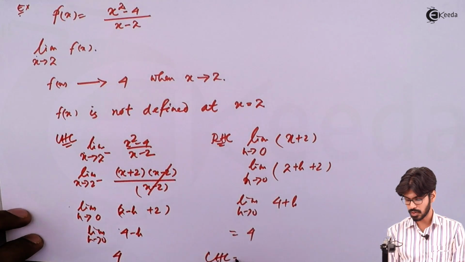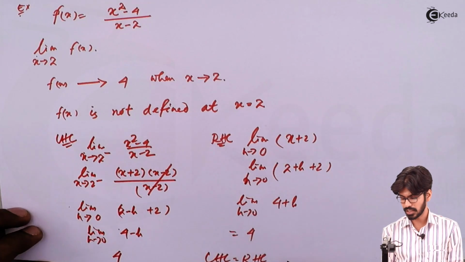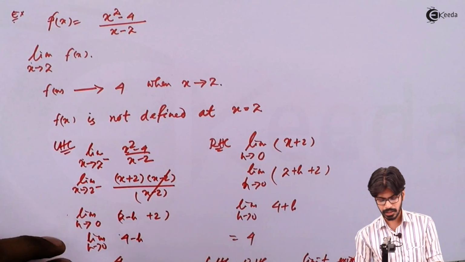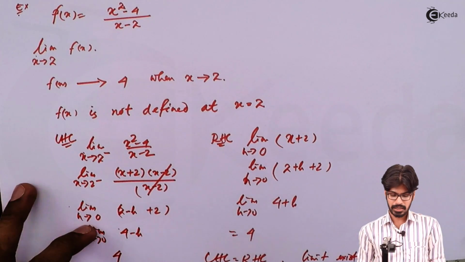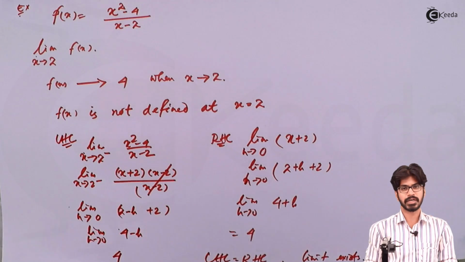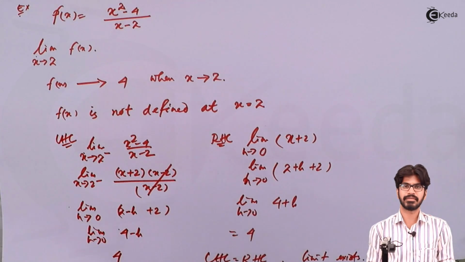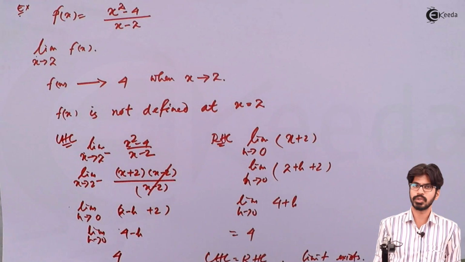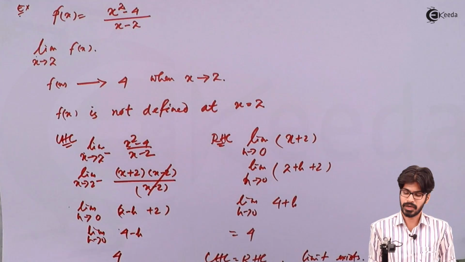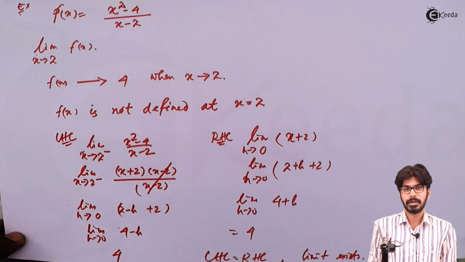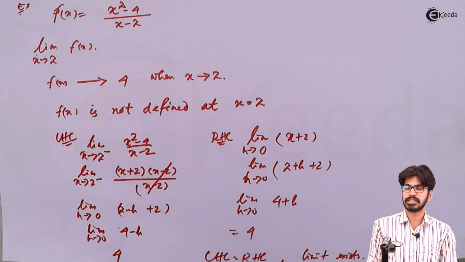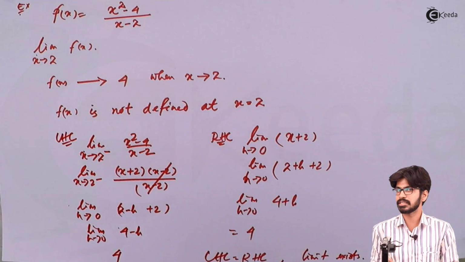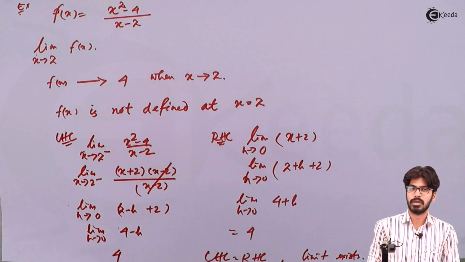Hence LHL equals RHL, and that's why the limit exists. Despite the fact that at x equal to 2 the function does not have a certain value, the point x equal to 2 is not in the domain of the function, the limit of this function exists since the left hand limit and the right hand limit are equal.